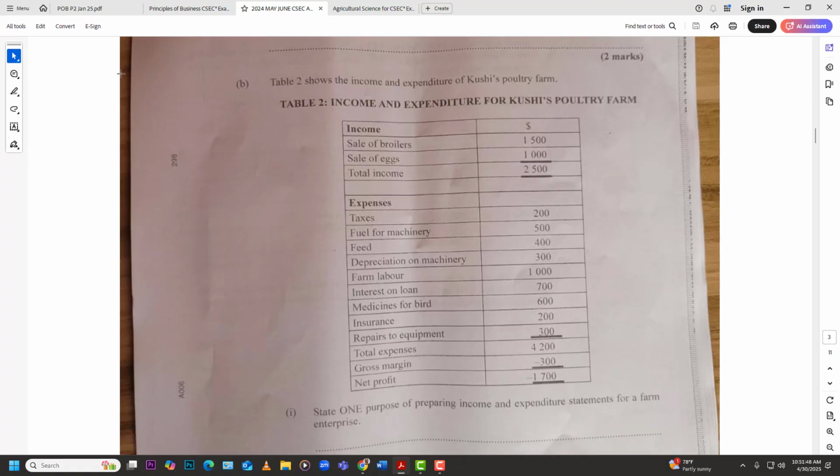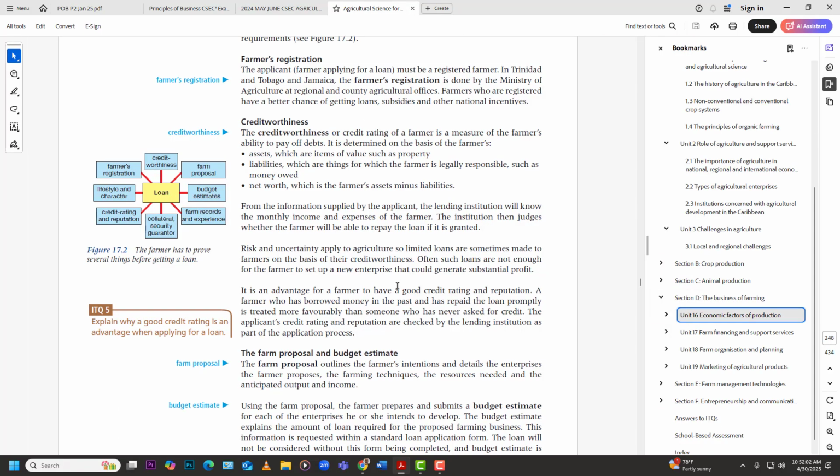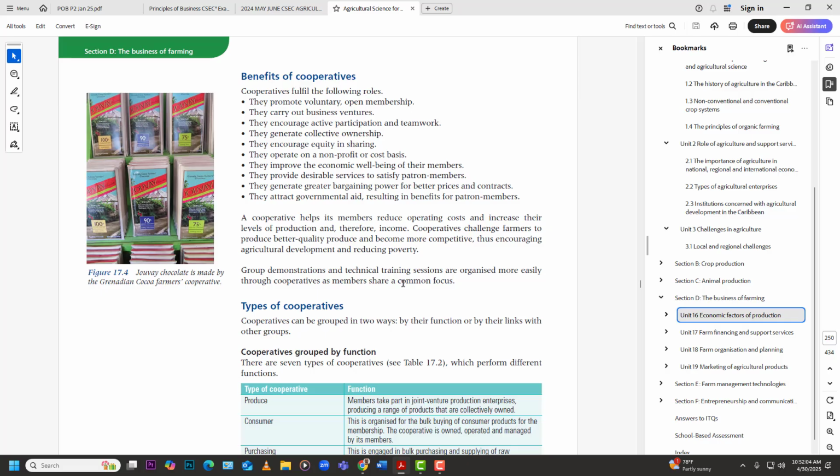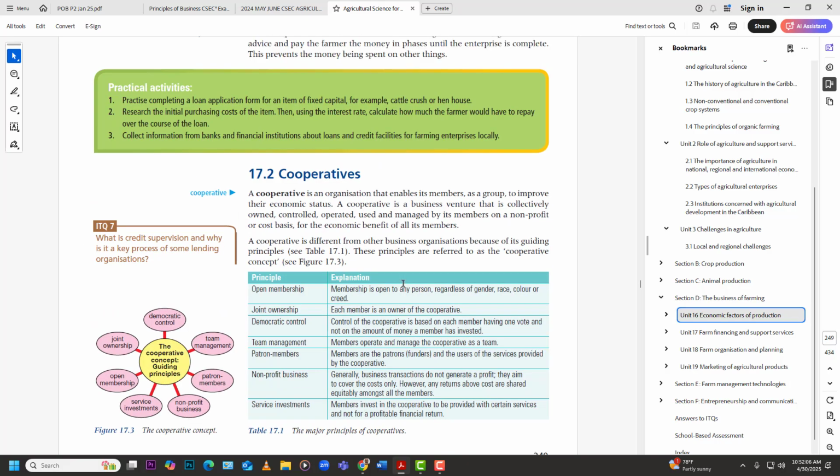So again, make sure you have good records, make sure you have a business plan, pay off your debt so that you don't have that discrepancy. Make sure you have a proper guarantee or security so that they can say, okay, in case something happens, you're able to get that loan from us.